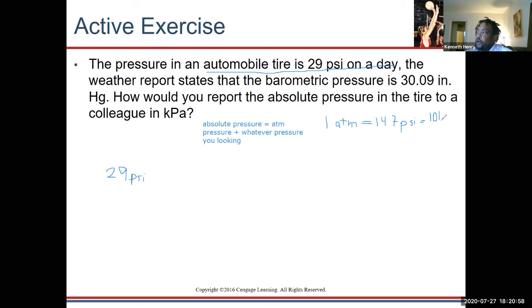So I get 101.325. So since 1 atmosphere is equal to 14.7 psi, which is also equal to 101.325 kilopascals, can I just do this to save myself some time?